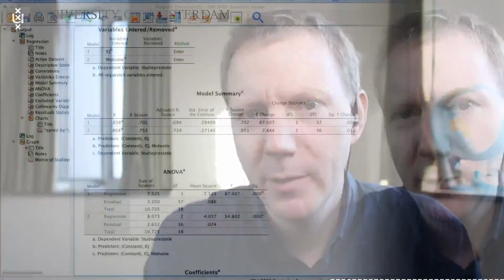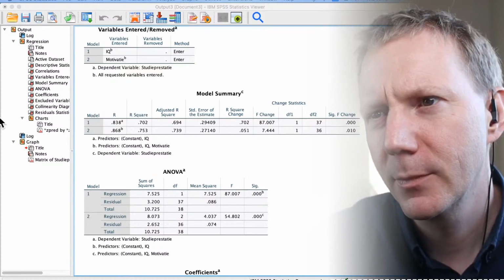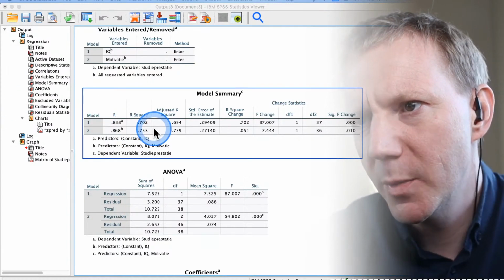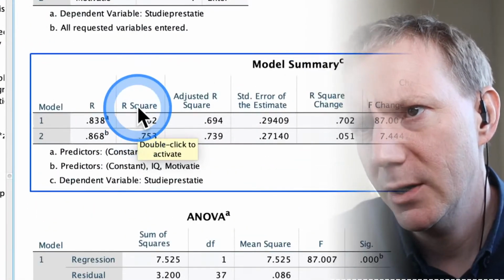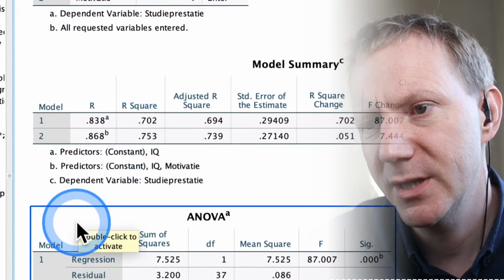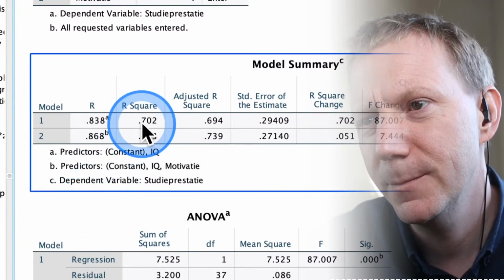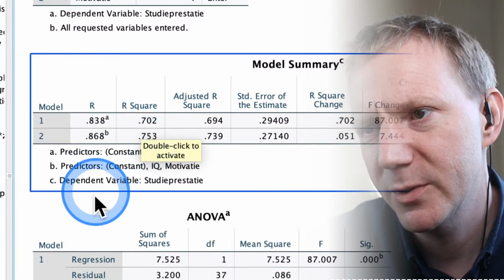So just before the break, there was a question about where we see which model explains more variance. So it's here. You see the R square, which indicates the amount of explained variance. It's the squared correlation. Here it's 70%, here it's 75%.